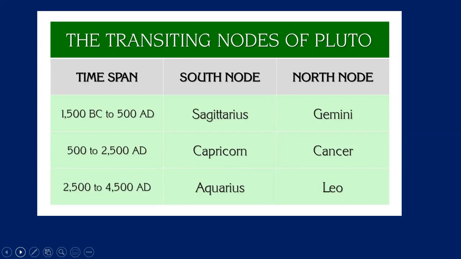And let me also say that the nodes, where the moon's orbital path intersects with the sun and how that all lines up with the earth, are the trigger points where eclipses take place. So a solar eclipse, a new moon, and a lunar eclipse, a full moon, occur relative to the moon's nodal axis.